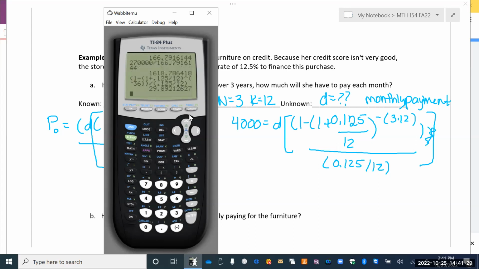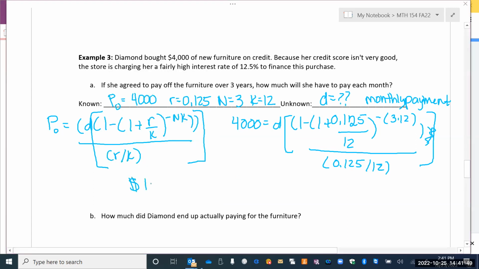And ta-da, that's what that piece should be. Now I'm going to take my 4,000 and divide it by that number. So the monthly payment ends up being $133.81.